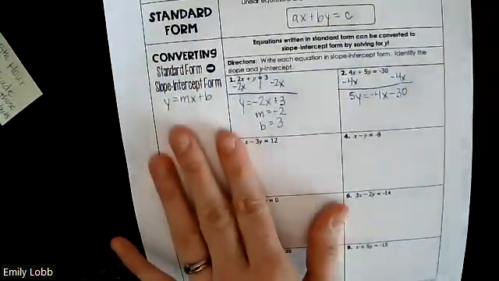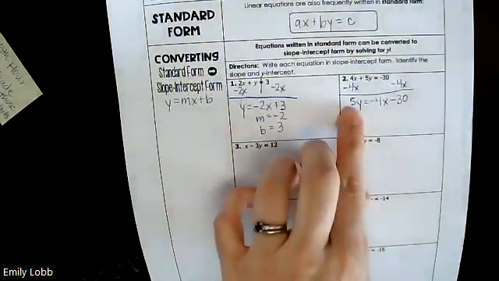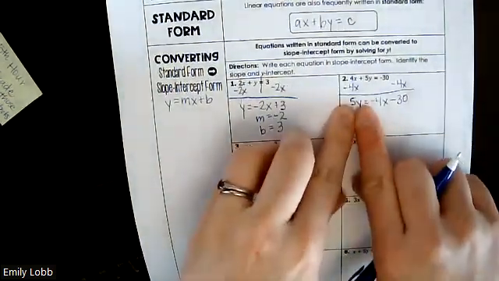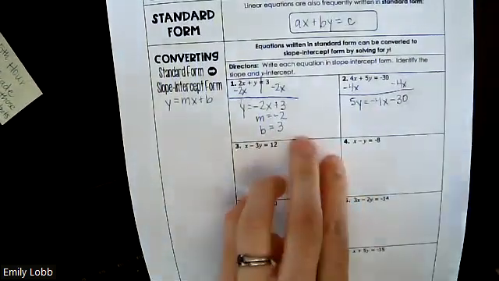Now how do I figure out what 1y is? What's being done to y? When I have a number next to a letter, that means they're being multiplied. So to undo multiplication, I have to do what? Divide. Good.